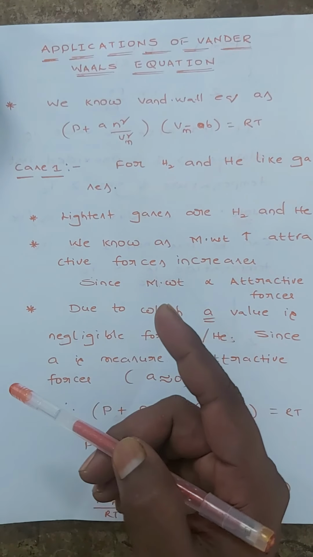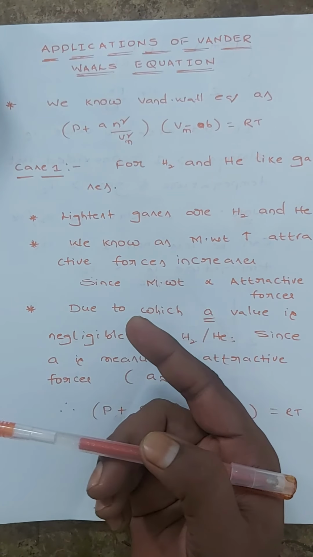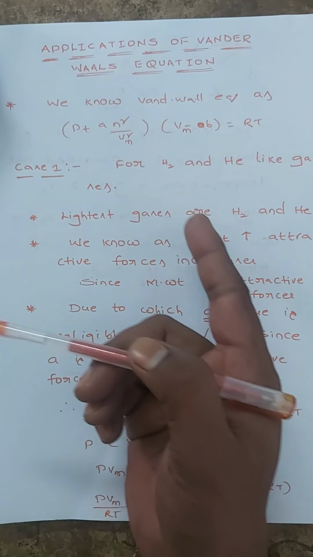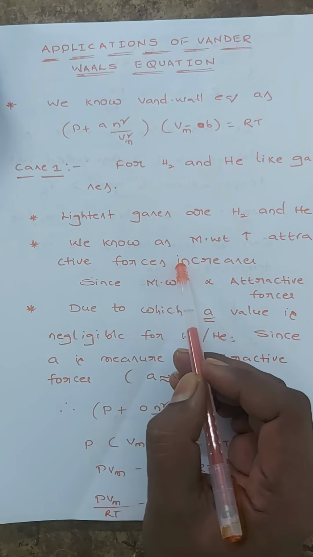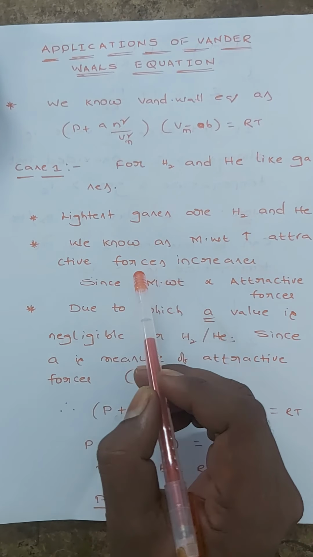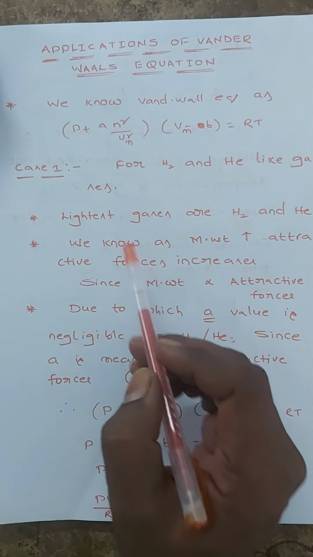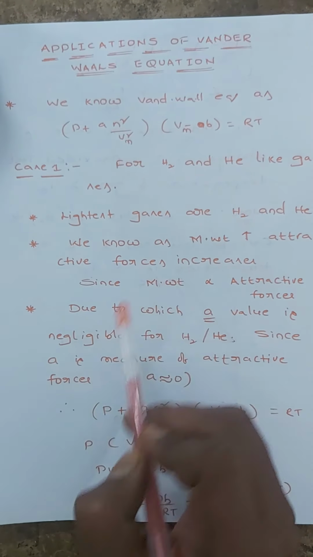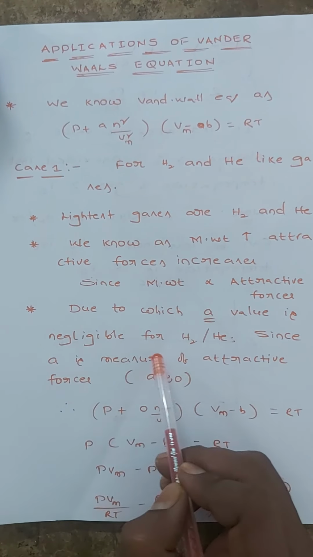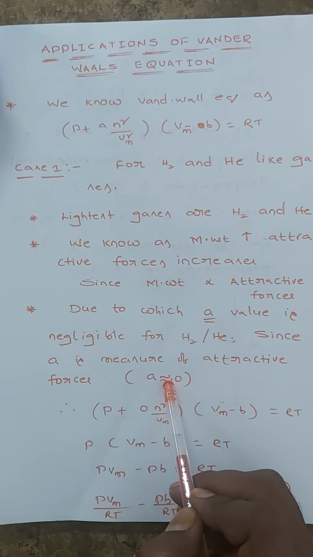As the molecular weight increases, attractive forces increase. Since these gases are lightest, attractive forces are negligible. And we know that a is a measure of attractive force. If attractive forces are negligible, a tends to 0.